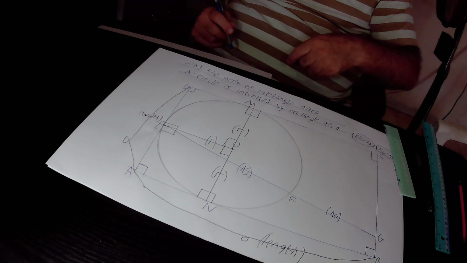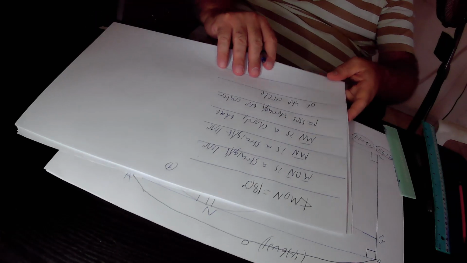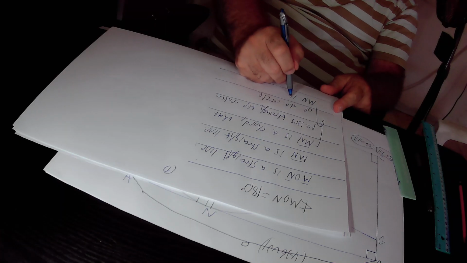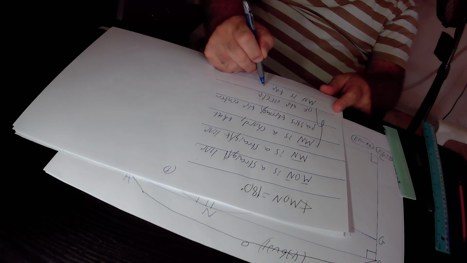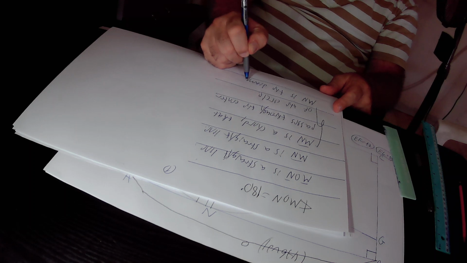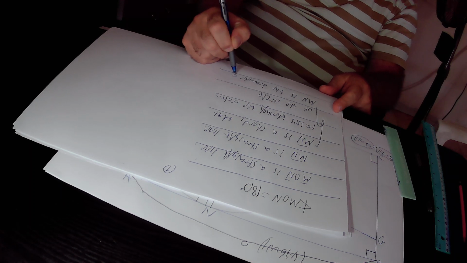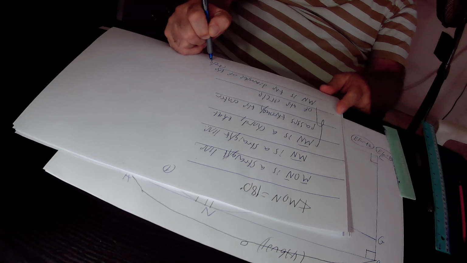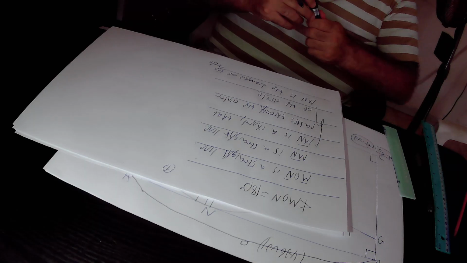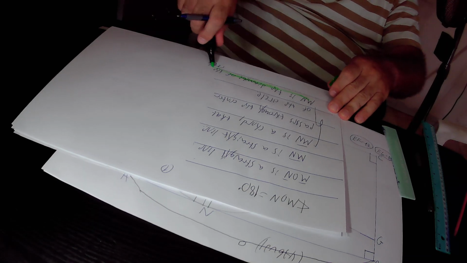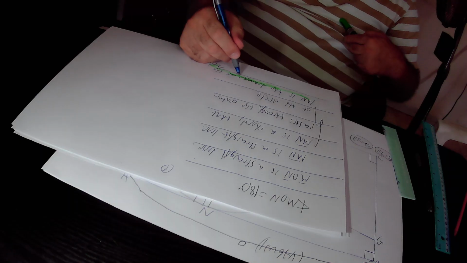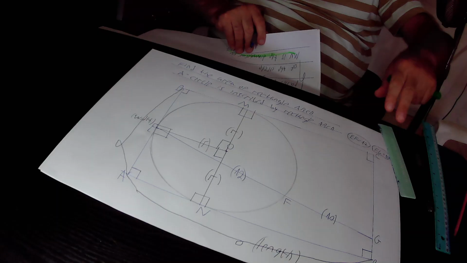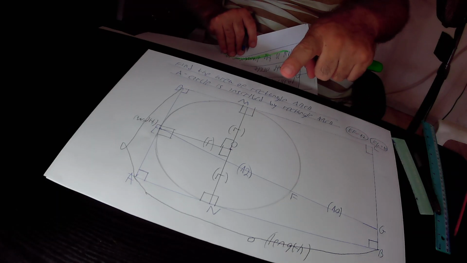Therefore, MN is the diameter of the circle. So MN is the diameter, it is absolutely a straight line.